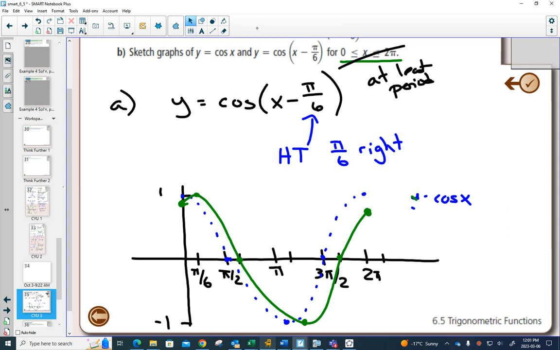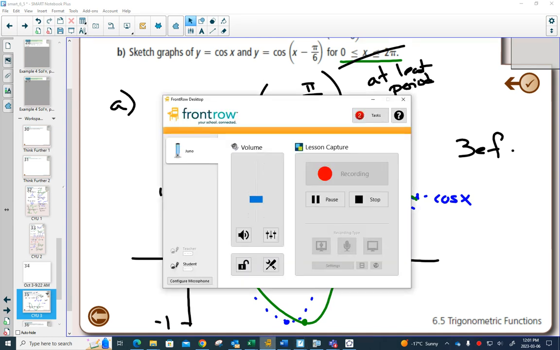So if you draw at least one period, that'll be the same as what I'll ask on your quizzes and tests. So then you'll be fine. So you can circle 3, E, and F. And this is where we'll stop for today.